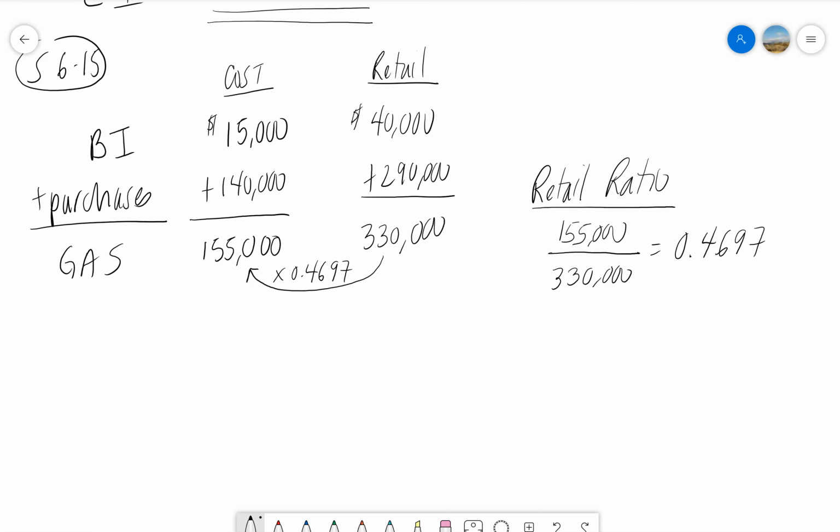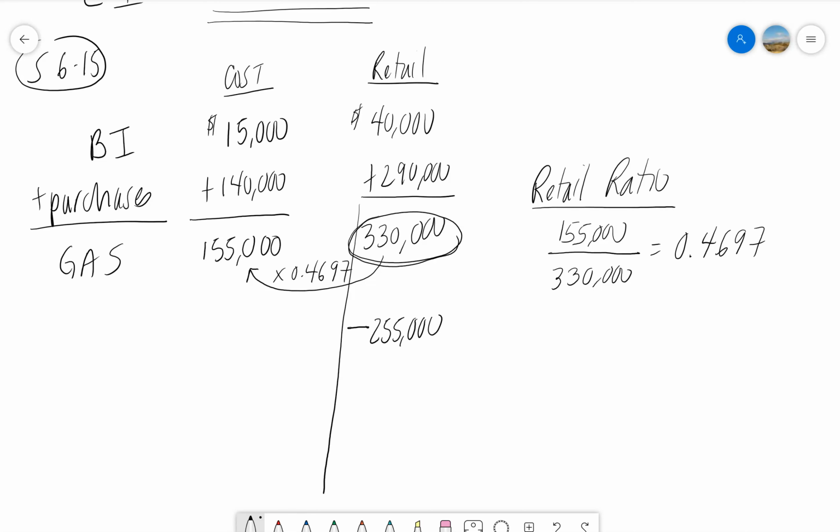So now what we can do is work through the retail column. So what else do we know? We know that there were 255,000 of sales since the beginning of the year. So let's just focus on this column here. Of this 330,000 of inventory at the retail price, we sold 250.